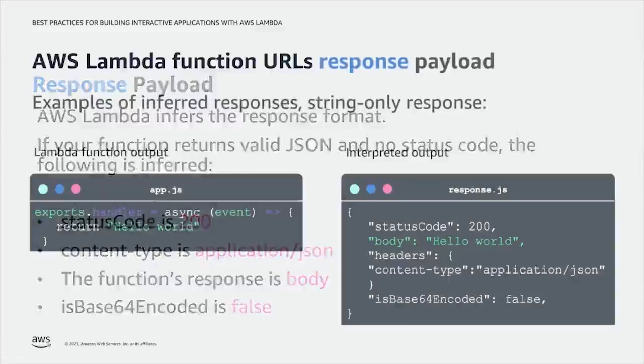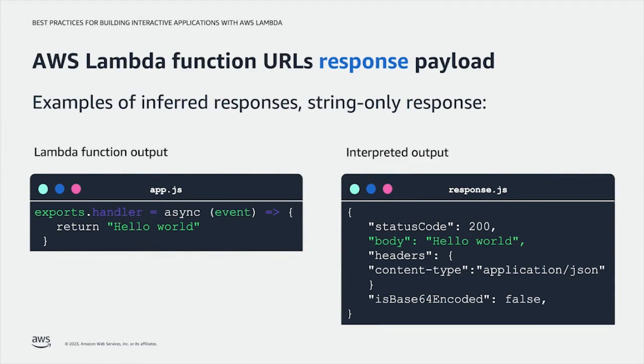It will look like this. Here's a typical response payload. All I've returned from my function code here is the string hello world. But what actually gets returned in the Lambda response is a status code. The hello world string gets put inside a body key, and it returns headers and base64 encoded flags as well. So it enables you to nicely standardize those responses.